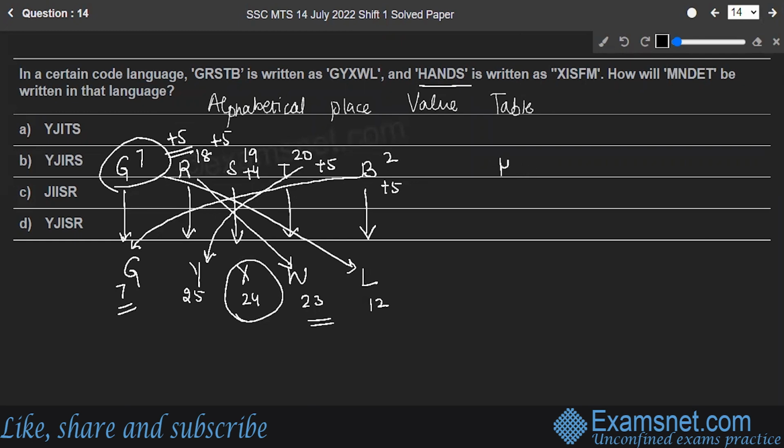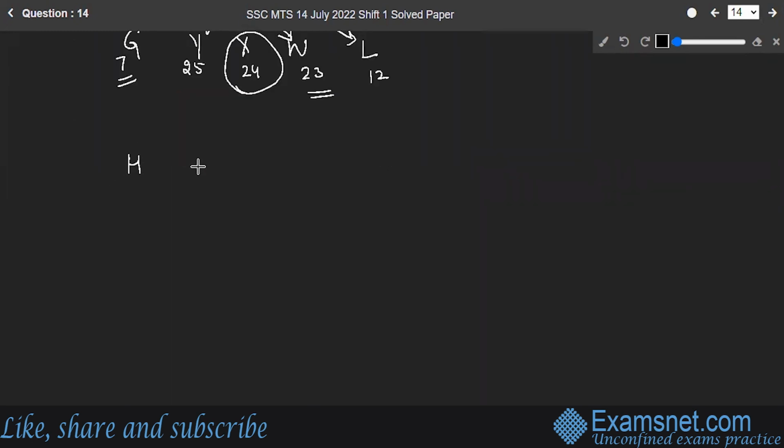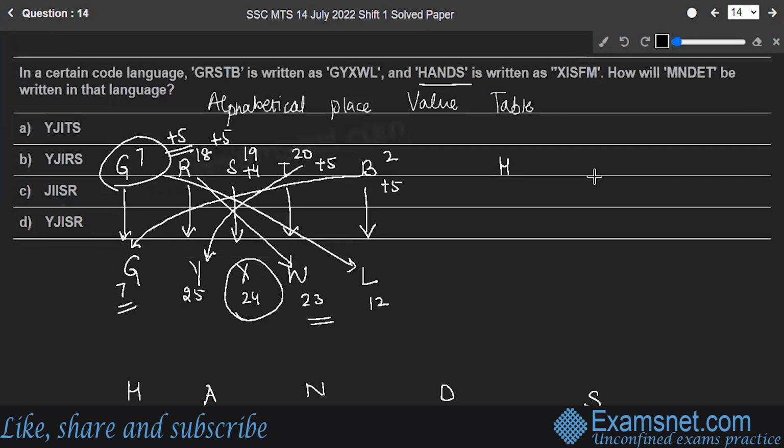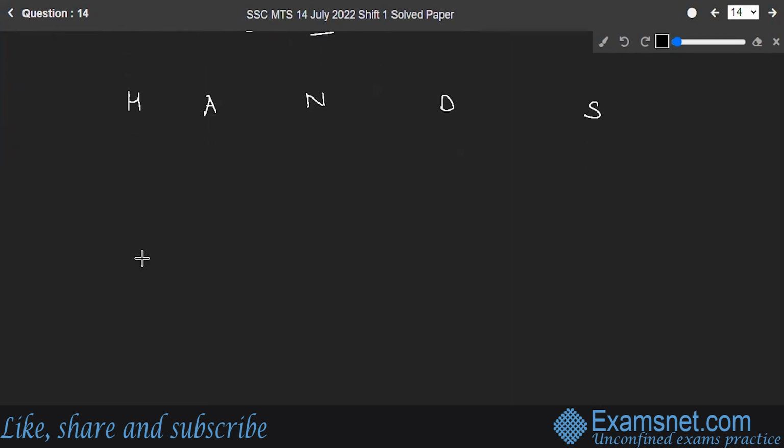Okay. So I'll pick up the example of HANDS and do it once again for you. The code for HANDS was XISFM. Correct? So let's check. H is at 8, A is 1, N is 14, D is at 4, S is at 19.